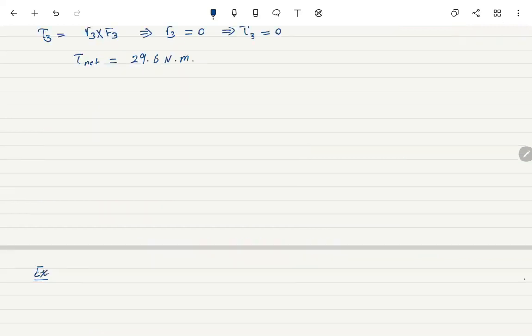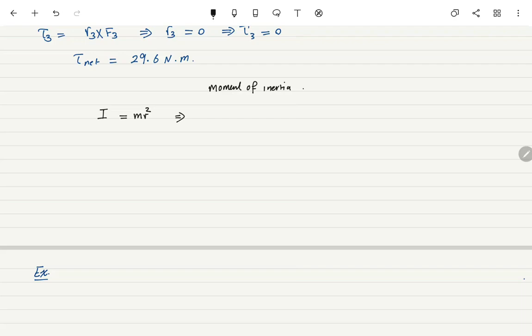Now let's define moment of inertia. Moment of inertia is defined as I equal to m r squared, and in this case m is the mass of the particle and r is the distance from the axis of rotation.